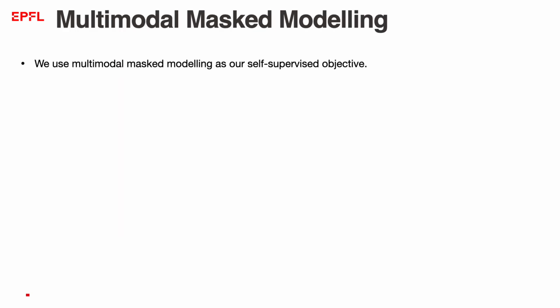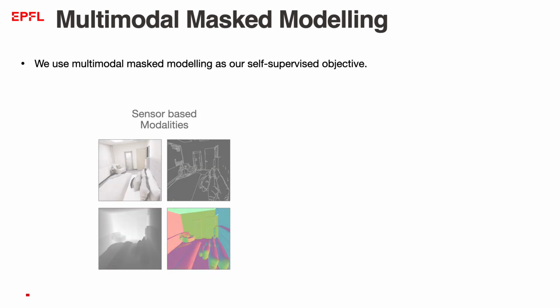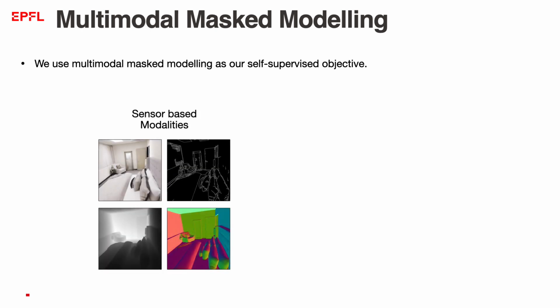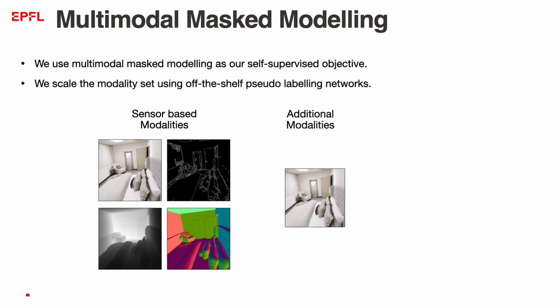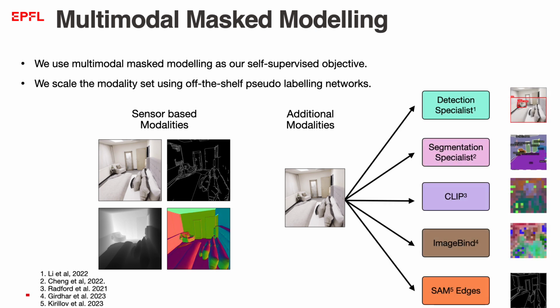For implementing cross-modal pre-training in TST, we use multimodal masked modeling as the self-supervised objective. We start with sensor-based modalities, such as RGB, depth, surface normals, and edges. These can be obtained directly from device sensors, or through simple transformations of the sensory data. We can also scale the modality set using off-the-shelf networks.